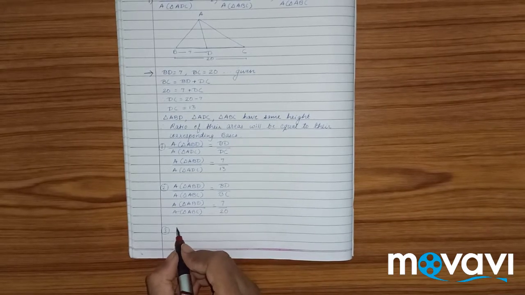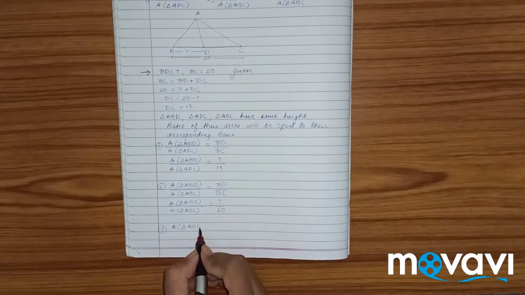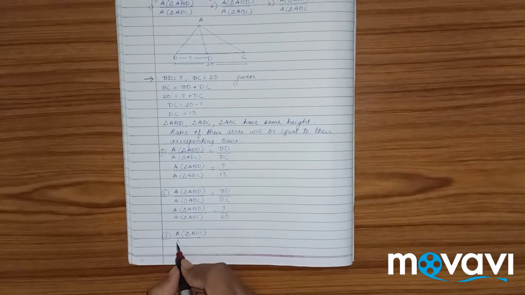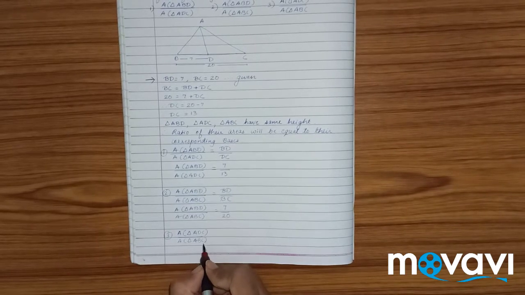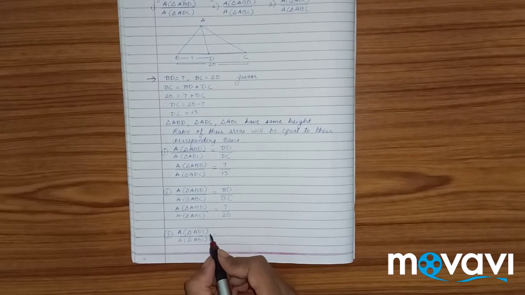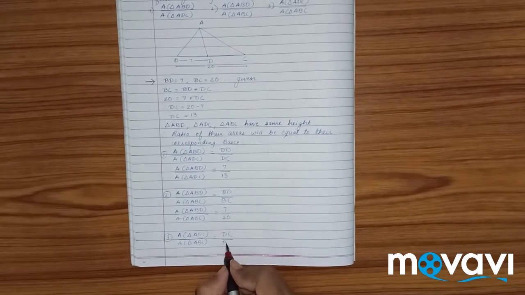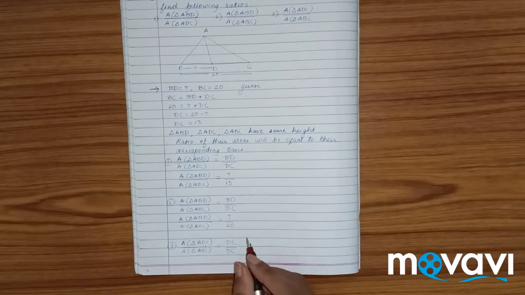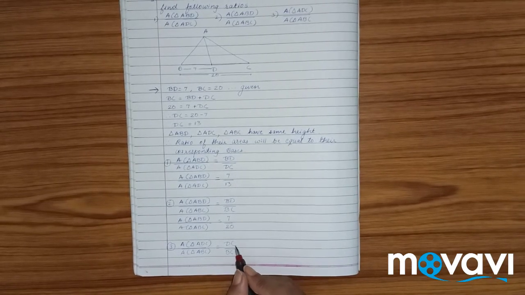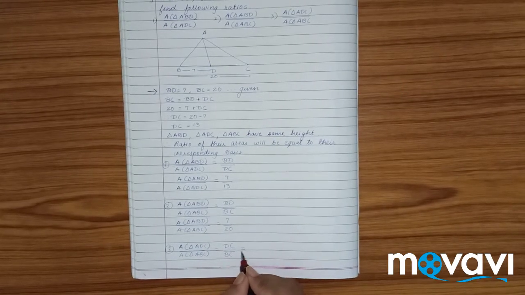The third one is area of triangle ADC upon area of triangle ABC. This is what is asked. So for ADC, what is the base? DC. And for ABC, the base is BC. Now I will continue here because I don't have place down. But do remember, students, that no two equal to signs will come in one line.